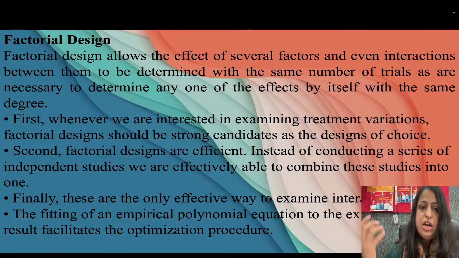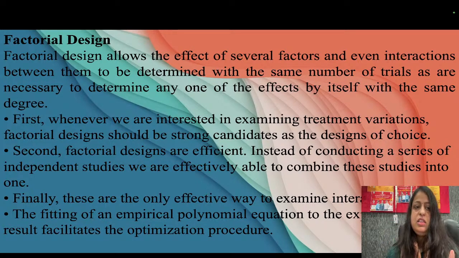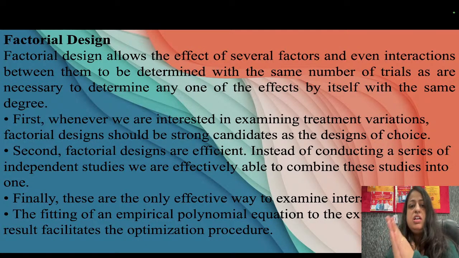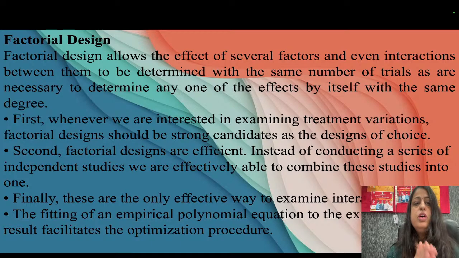So the effect of all these factors individually, as well as when these factors are interacting with each other, can be seen with the help of this factorial design, right?